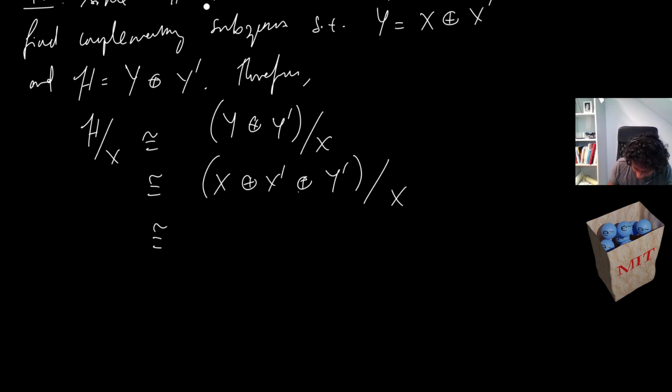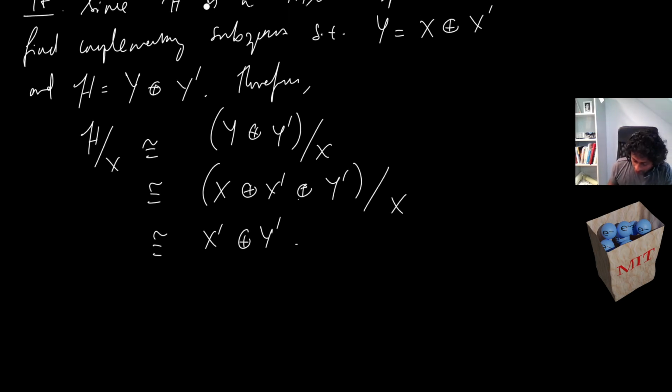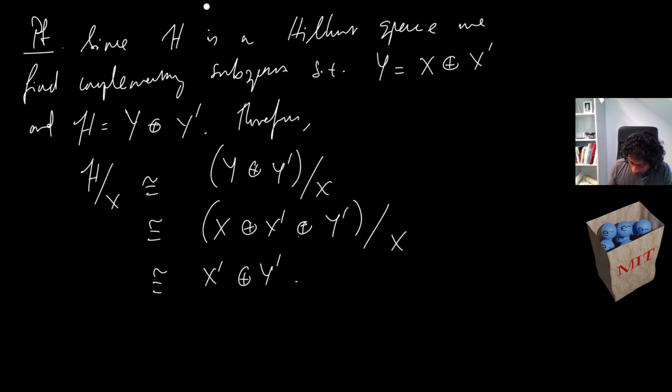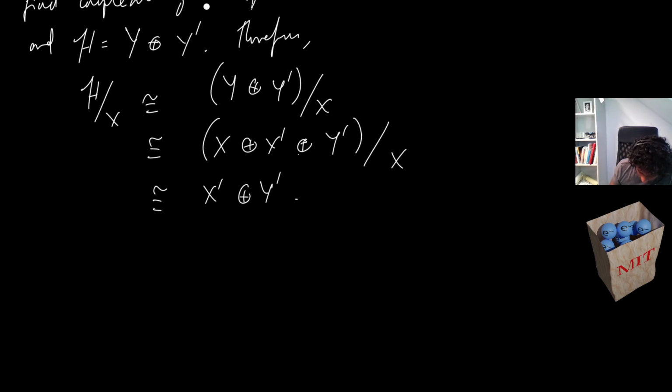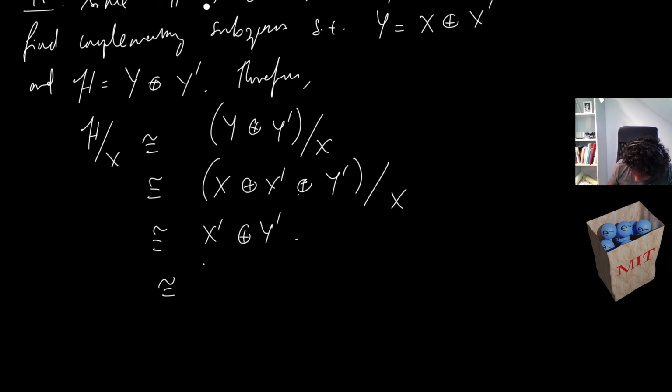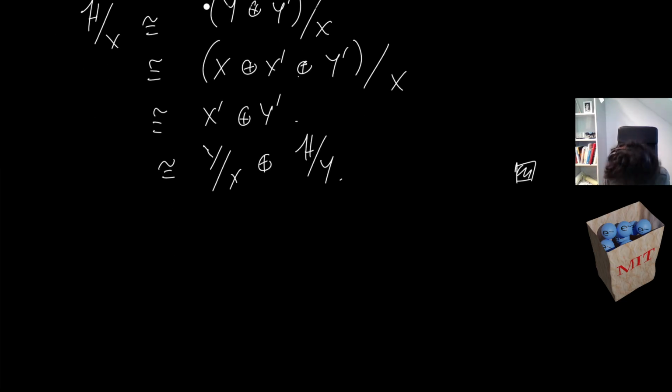So we get that this is going to be X prime plus Y prime. But by construction, what are these, right? X prime is isomorphic to Y mod out X, and Y prime is isomorphic to H mod out Y, which is now going to be Y mod out X plus H mod out Y. Okay, so very simple lemma. You can probably do that with your eyes closed.